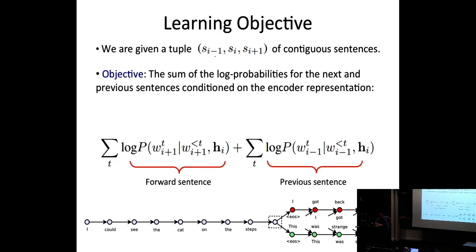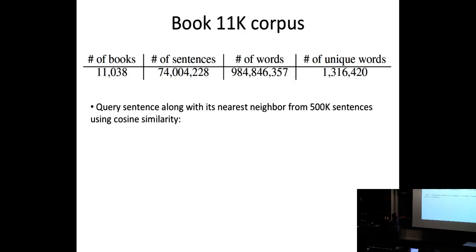So this is the forward sentence, this is the previous sentence. It's like a language model. Given the embedding of the sentence, you're just trying to predict the conditional probability of words in the next sentence and the conditional probability of words in the previous sentence. And the whole thing is differentiable. It's just one LSTM encoder with two other LSTM decoders, and you're just backpropagating through the whole thing, which is pretty straightforward to do.